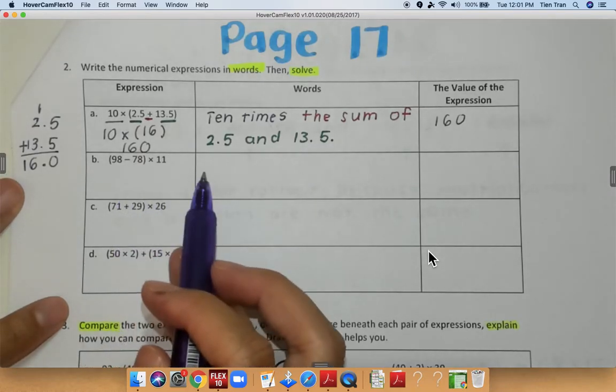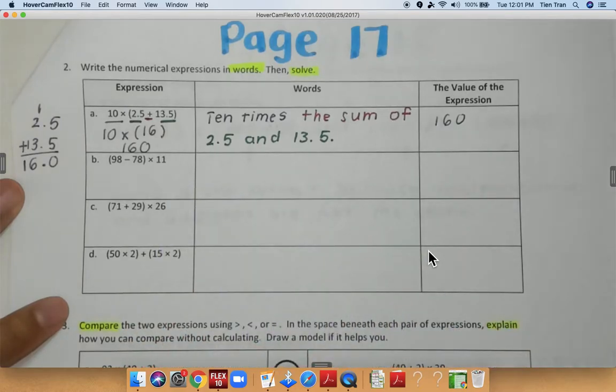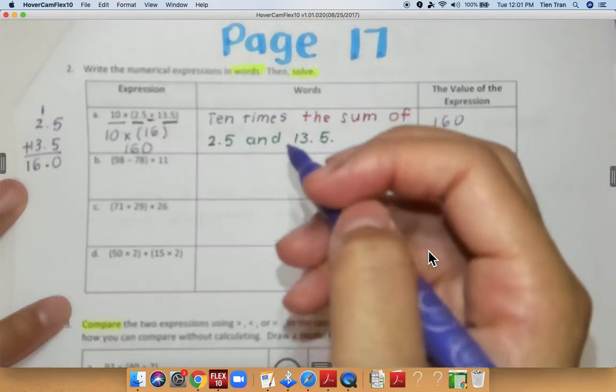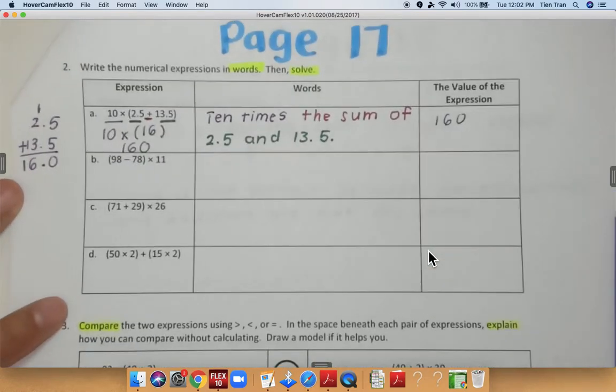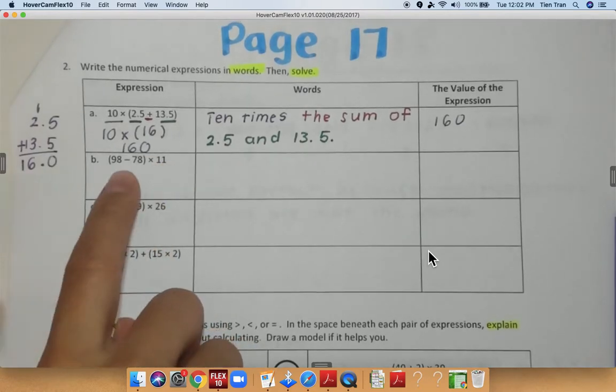For problem B, it asked me to write the numerical form or the word form, so that's what I'm going to do. Right here, I have 98 minus 78. So I want to start with either this side, 11 times, or I can do that last. I'm going to start over here.